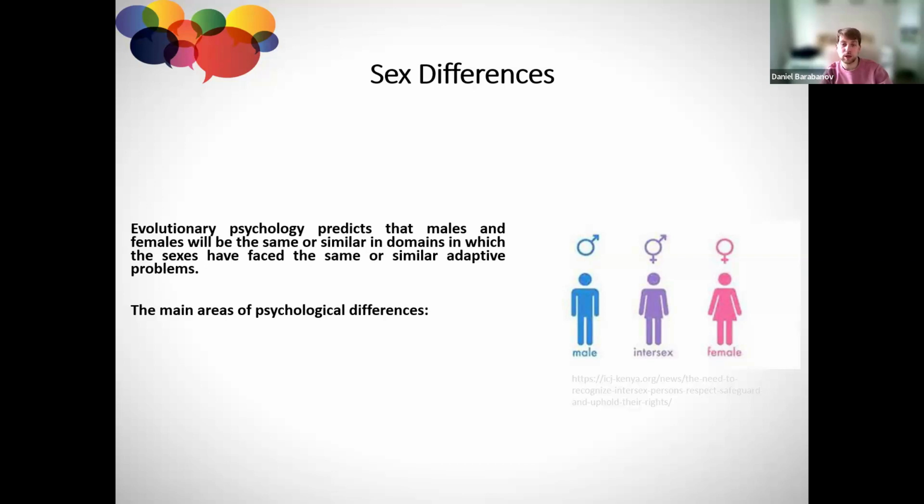So this is the main hypothesis: that we won't observe any sex differences in the domains and fields where our female and male ancestors solved identical tasks, but in the fields where they tried to solve different tasks and were presented with different challenges, there will be strong gender differences.